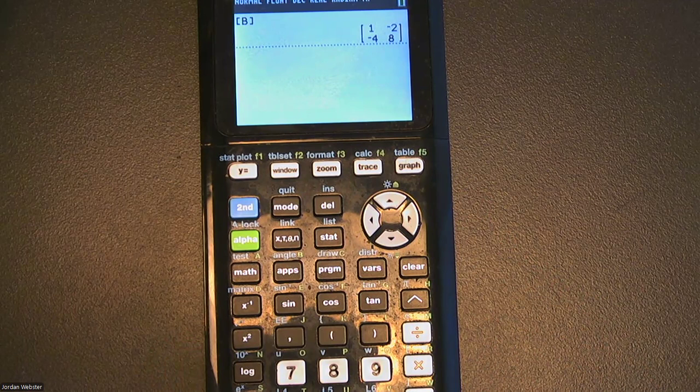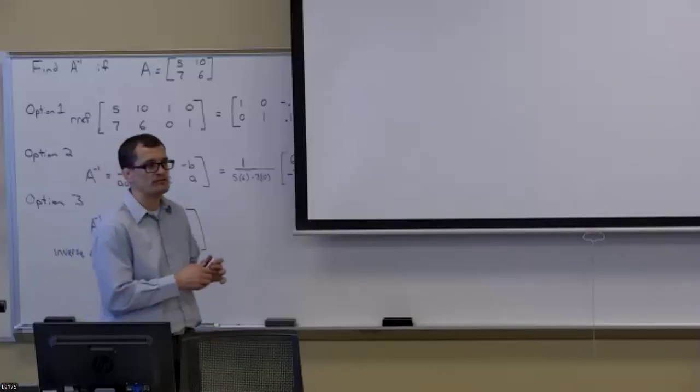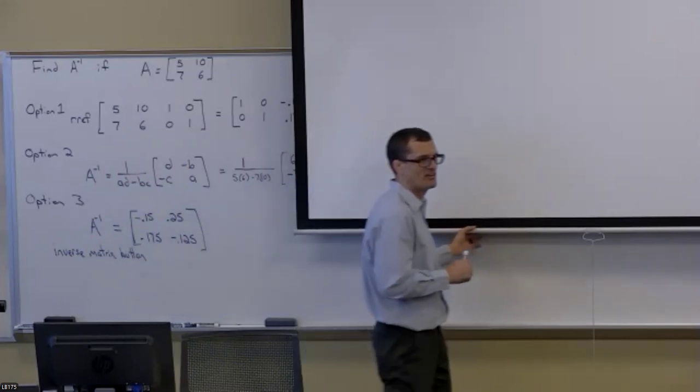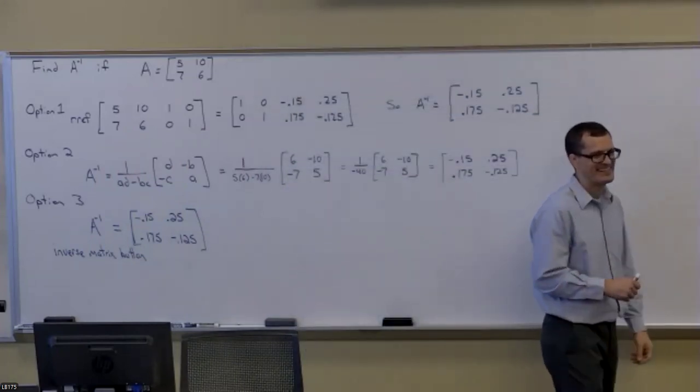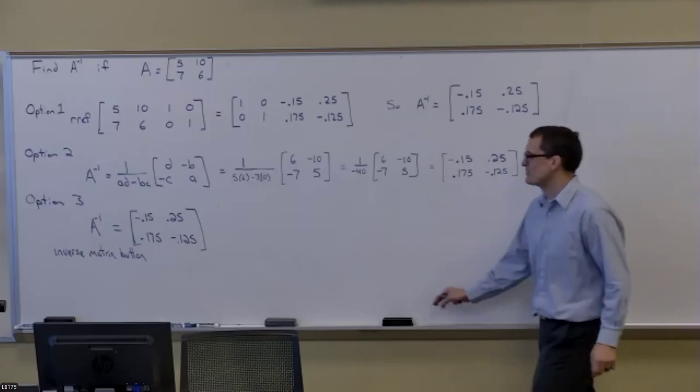Now you can see that on your calculator it gives you an error, but you might say, why does it give me an error? What's wrong with matrix B? The thing becomes like 1/0. Exactly. That's what I was headed to.